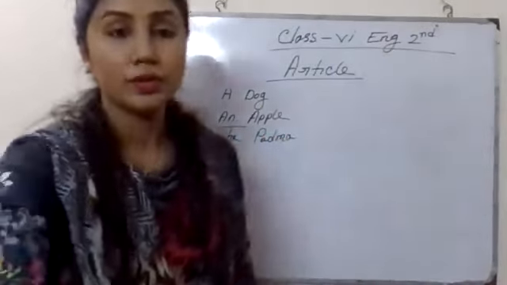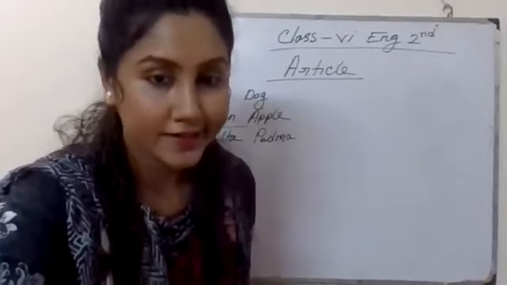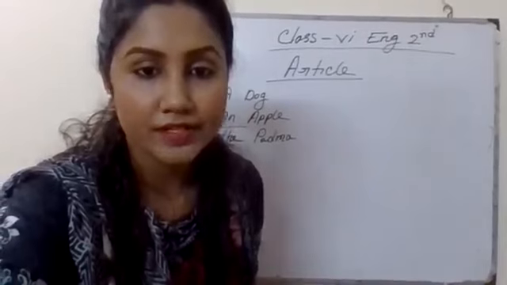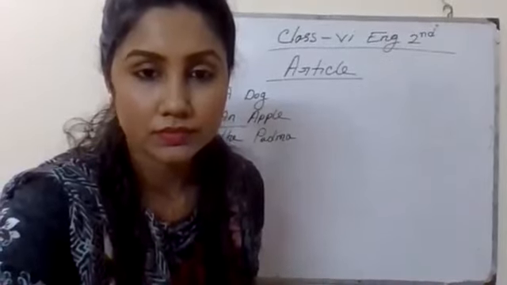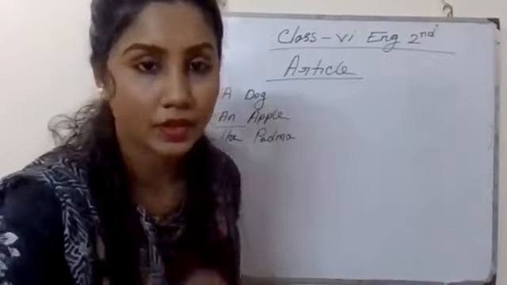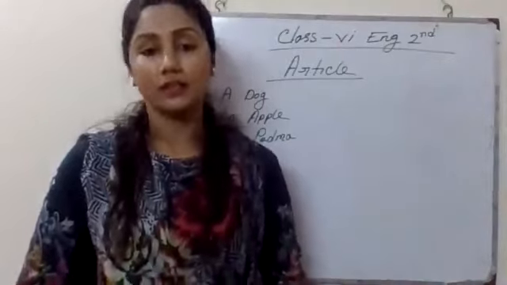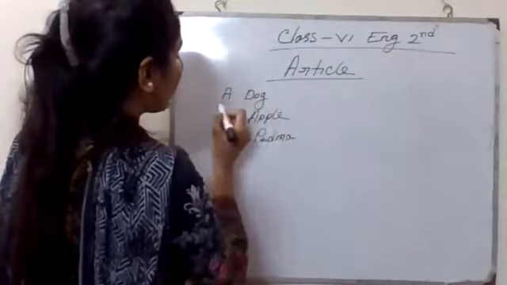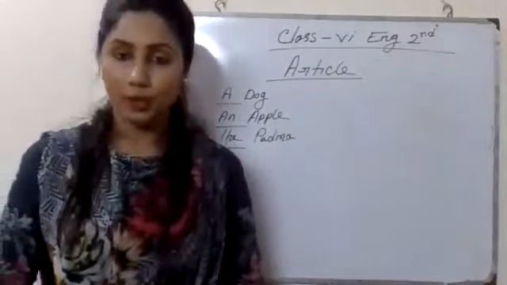So, boys, first of all, I have written three examples. First of all, you have to know what an article is. Here I have written a dog, an apple, and the river Kolpa.